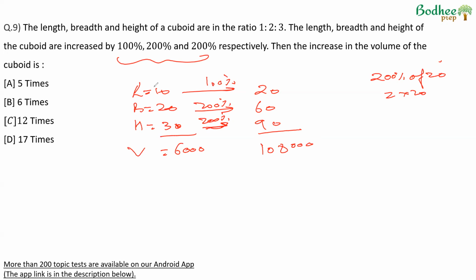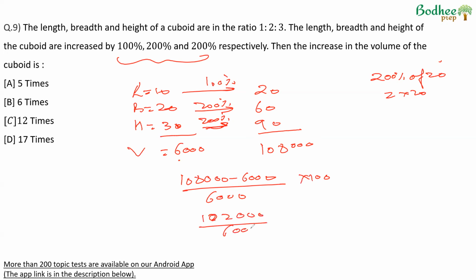What is the increase in the volume? Volume goes from 6,000 to 108,000. Therefore, an increase of 108,000 minus 6,000 upon a starting value of 6,000, into 100. So this becomes 102,000 upon 6,000 into 100.